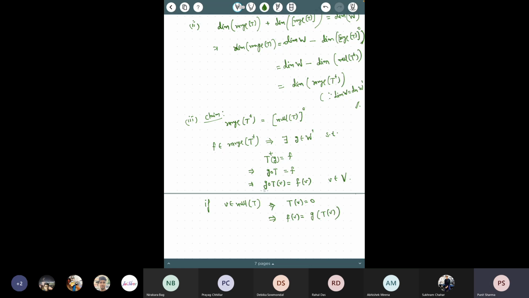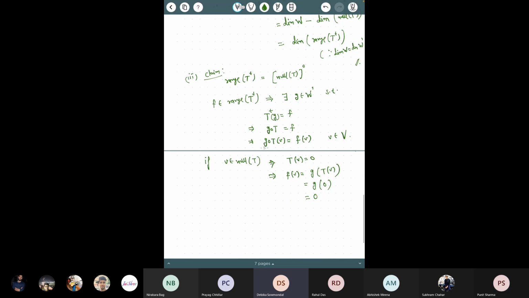So if T of v is 0, then we have this, right? But can you say that g of 0 is 0? Yes, sir. g is a linear functional, then g of 0 equals 0. Right. So it's the easy thing.